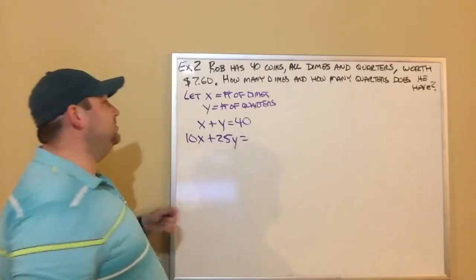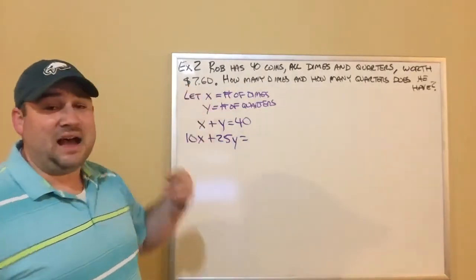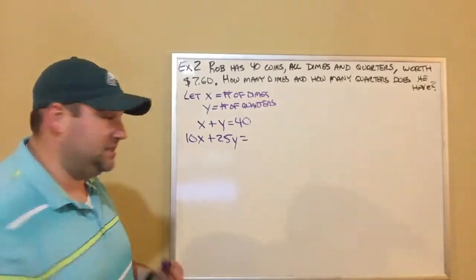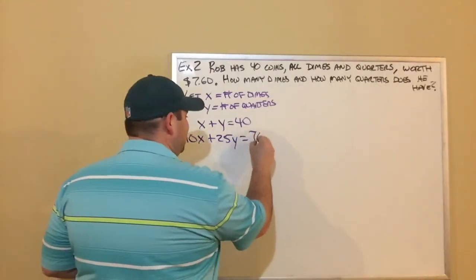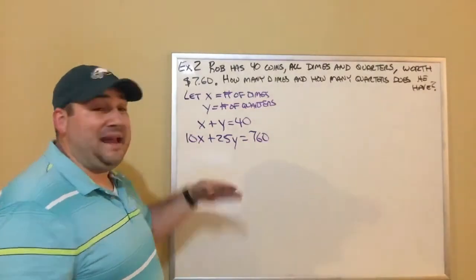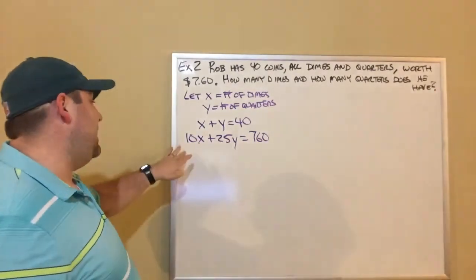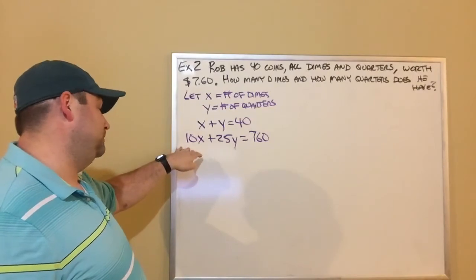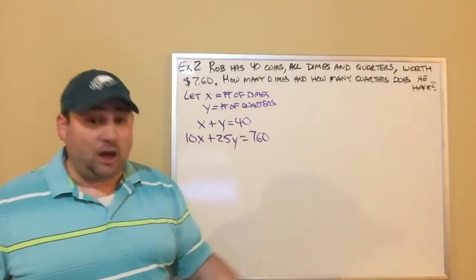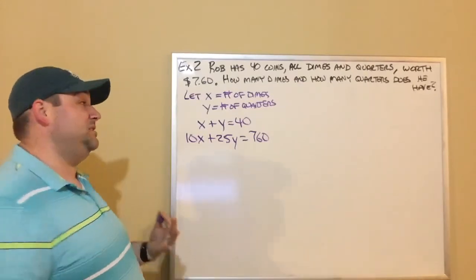Then instead of equaling $7.60, I can make that equal 760. So instead of dealing in dollars, I'm dealing in pennies, cents. 10 cents for each dime, 25 cents for each quarter equals 760 cents, 760 pennies.